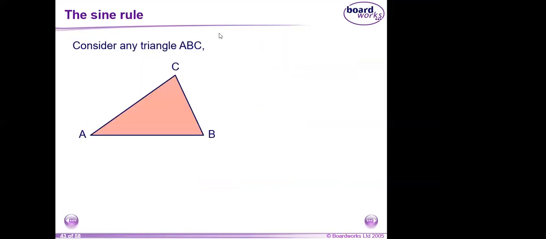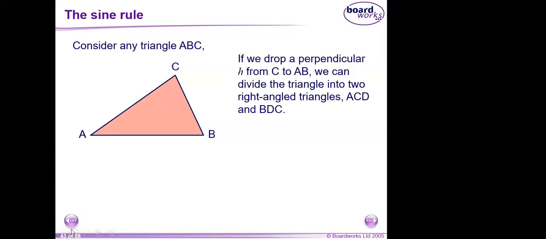Now the rule we are going to look at is called the sine rule. It's not so much different from our cosine rule. But when I'm talking about the sine rule, we still drop our perpendicular from C to meet AB.